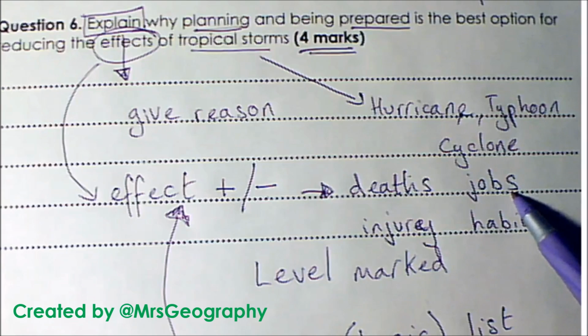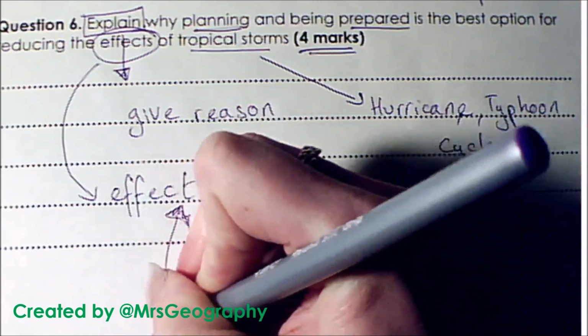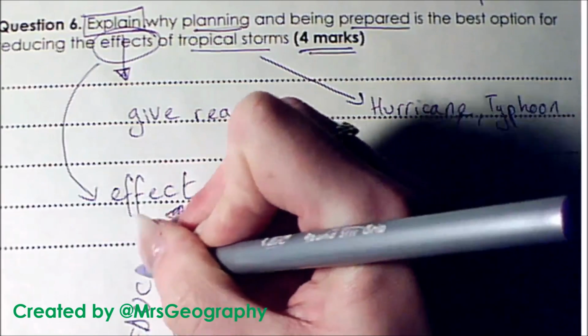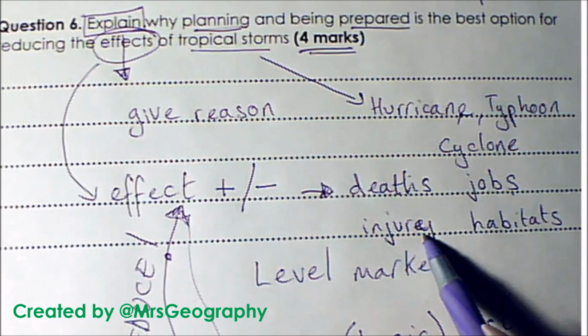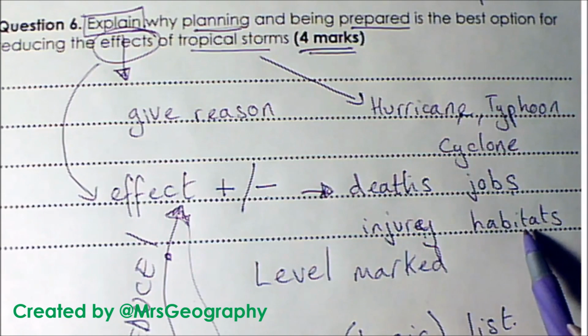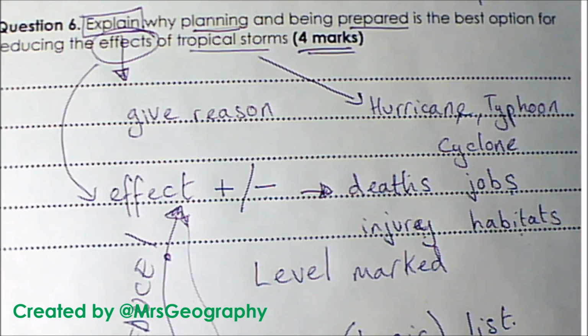Now remember, it's not enough to list them. You need to say how it will help reduce the effect. So how could we prevent deaths? How can we prevent injury? How can we stop habitats from being destroyed, or at least prevent it from happening? So 2 points, and remember to say how it reduces the effect.